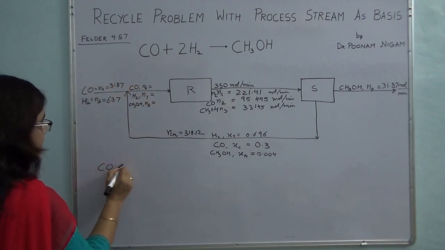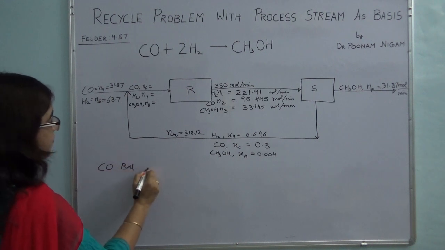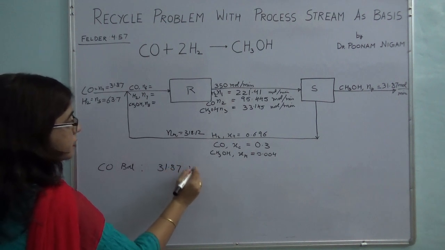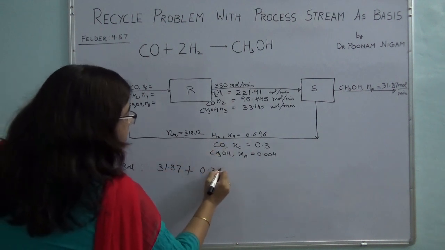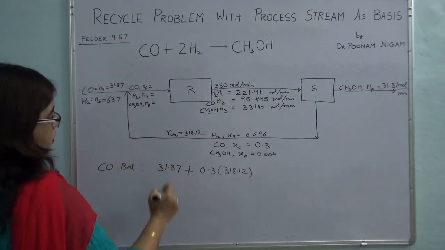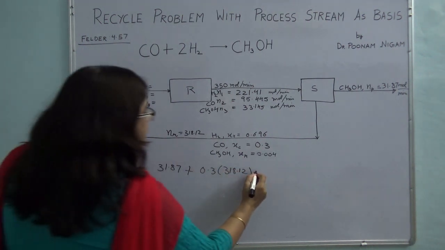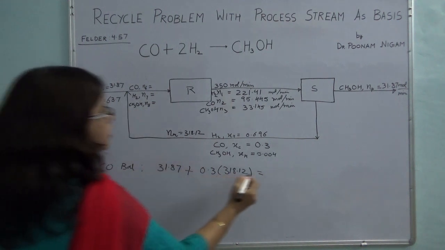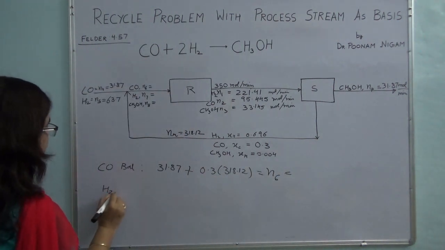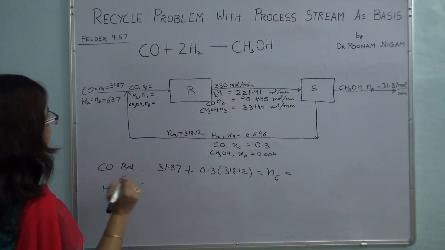First of all, let's take CO balance. How much it will be? 31.87 plus 0.3 into 318.12. That is going in, and that should be equal to what is coming out, that is N6. Solve for this. Then we will take hydrogen balance. How much is hydrogen going in?